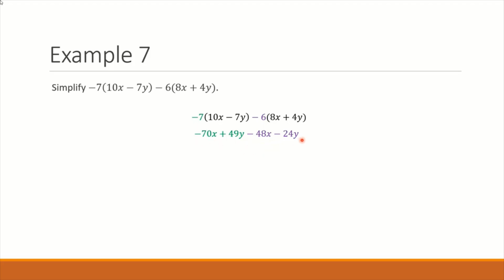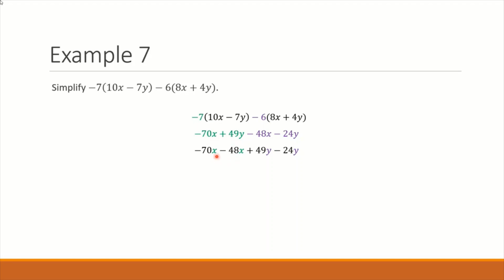Now, what we're going to do next is combine like terms. So the negative 70x with this negative 48x and this 49y with the 24y. And what I'm going to do is I'm going to rearrange these. When you rearrange them, take the sign of whatever's in front of them.